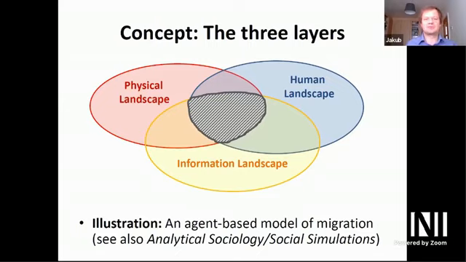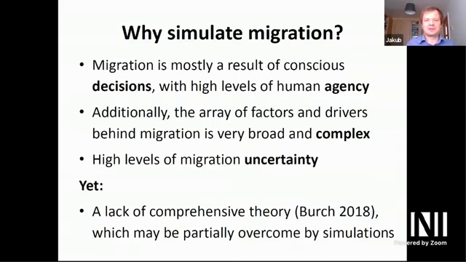This is very much rooted in the analytical sociology or social simulation type of thinking that you've heard earlier during this workshop. But why do we look at migration? Why do we simulate migration? This is an area where migration decisions are quite complex.